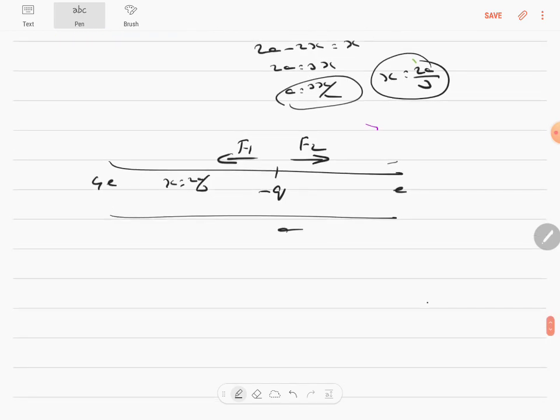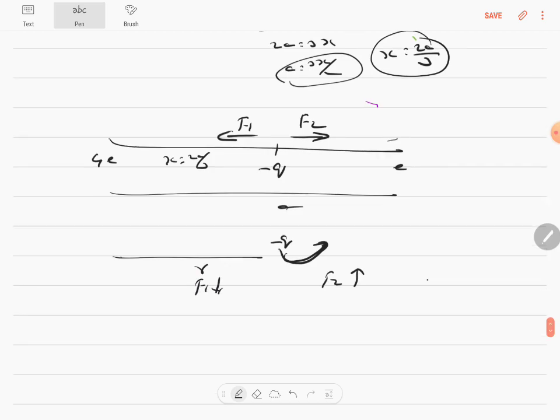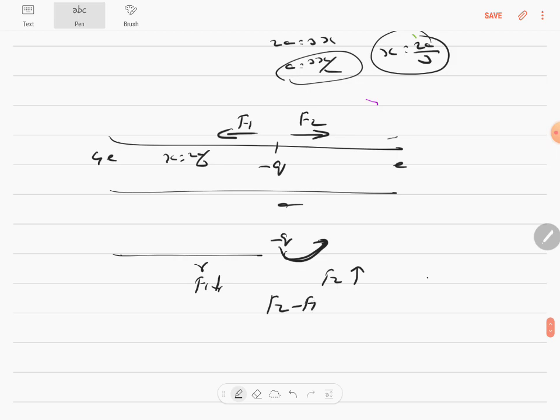But let's now study what happens when this minus q is displaced to the right, towards e. The distance increases, because of which F1 decreases and F2 increases as usual. There is a net force F2 minus F1, but F2 is acting towards the right.